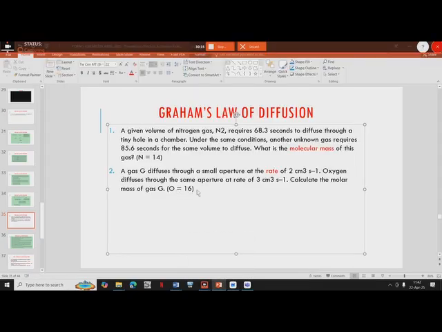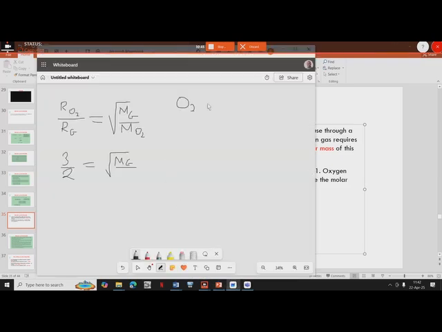Oxygen is written as O2. And for each oxygen we have been told it has a mass of 16. If you look at the question, O is equal to 16. That means the atomic mass of oxygen is 16. And oxygen gas exists as a molecule, which is written as O2.